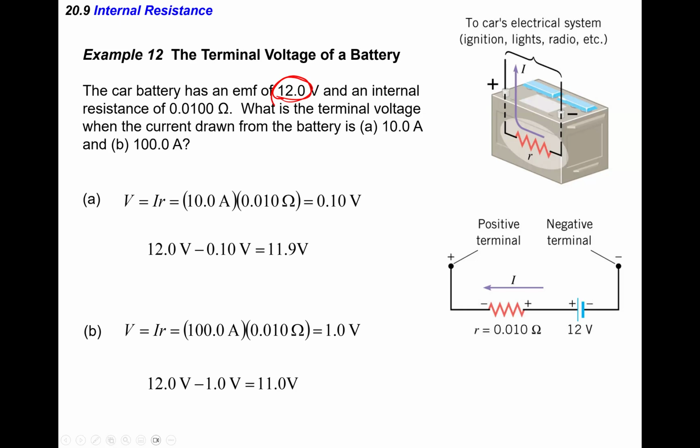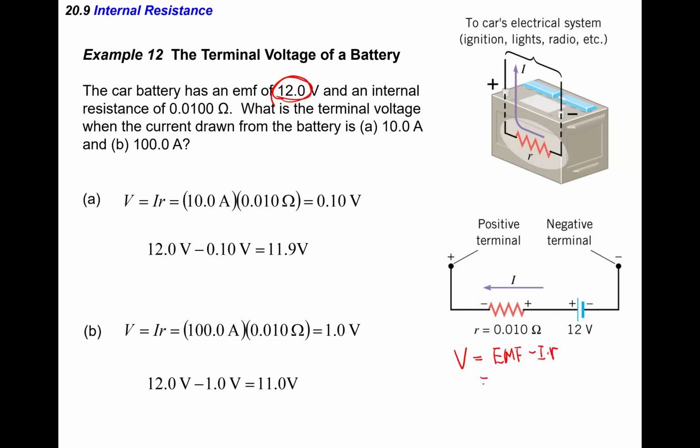You are going to calculate the terminal voltage, which is from the two leads. When the current is 10 or 100, if it's 10, what you should do is V terminal will be equal to EMF minus I times the internal resistance.